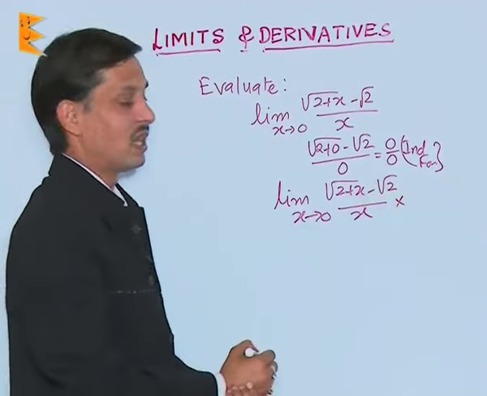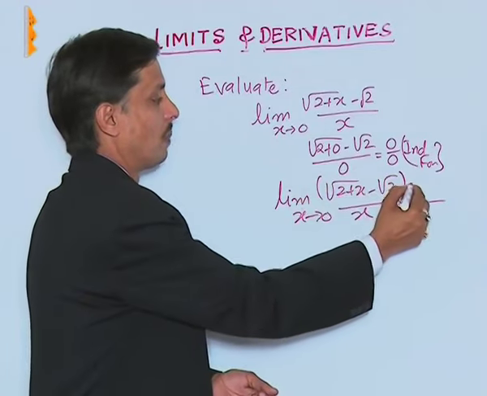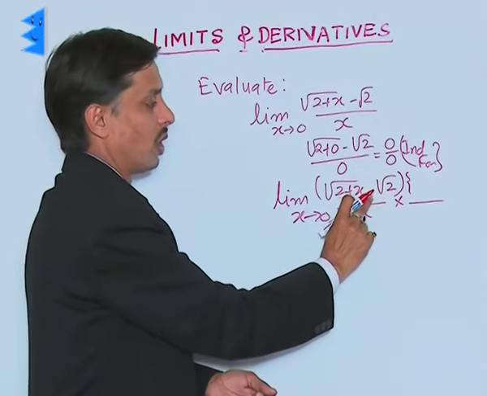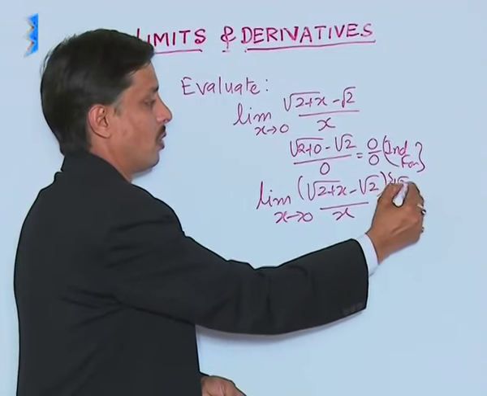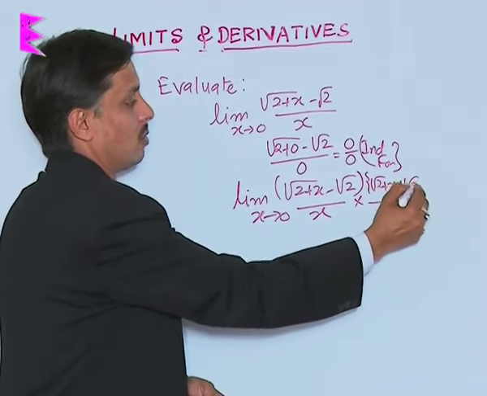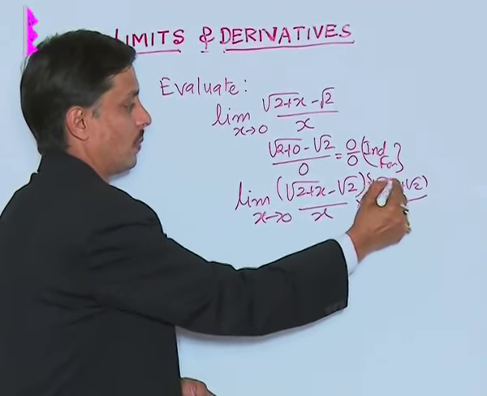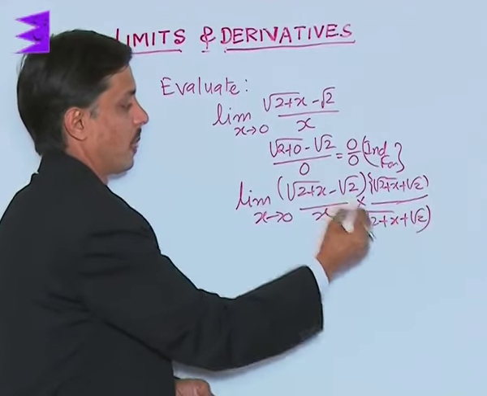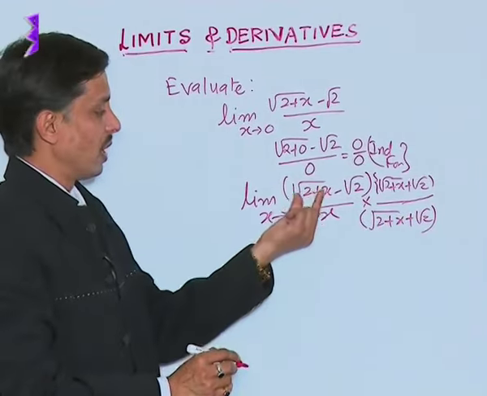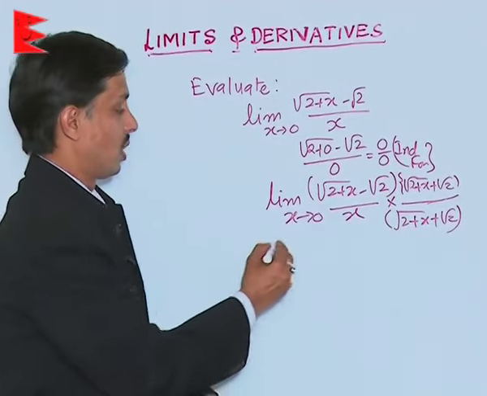So if we rationalize the numerator, we multiply with the conjugate by changing this negative sign: (root of (2 plus x) plus root of 2) upon (root of (2 plus x) plus root of 2). By doing so, (a minus b)(a plus b), the algebraic identity a square minus b square.